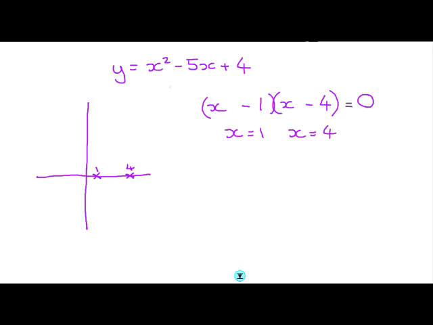Now, what's the y-intercept of this? You should know this constant term is the y-intercept. So that is going to be, for argument's sake, there. So I've actually proved it there. Let's have a look at using the discriminant.